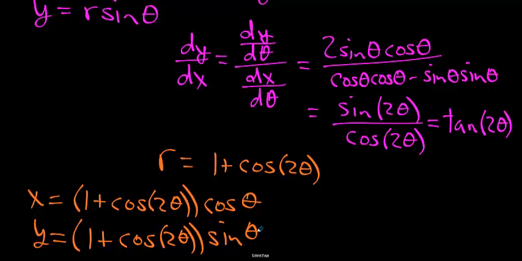No questions? Okay, now let's suppose we look at a situation like this. Let's suppose we've got r equals 1. Now that's a circle, right? Everybody look, this is a circle.